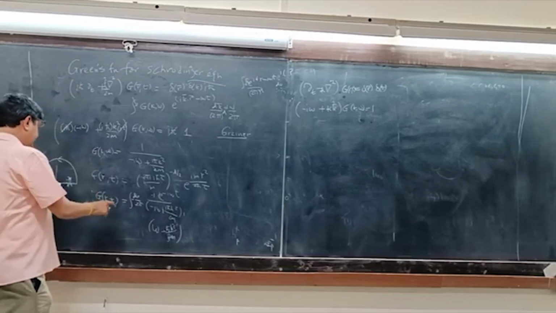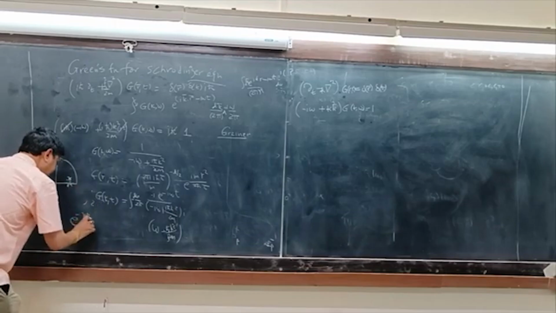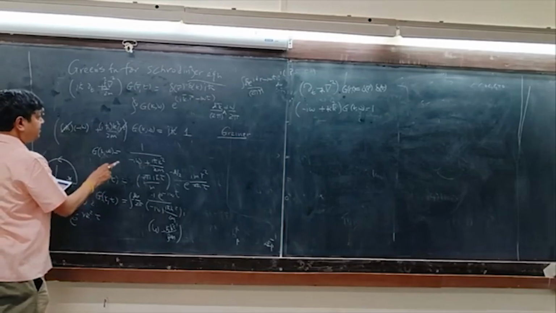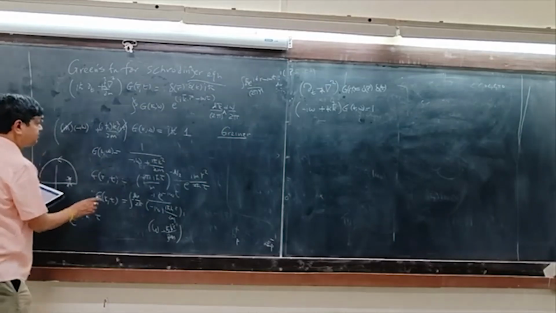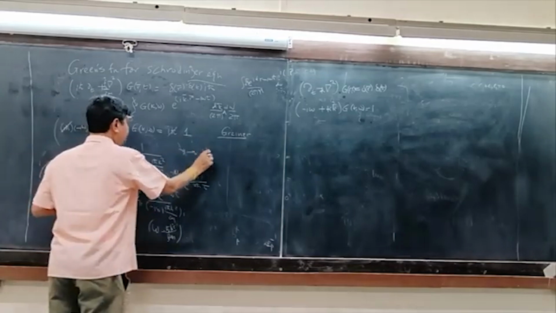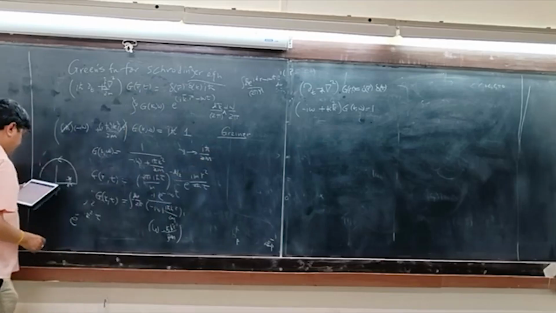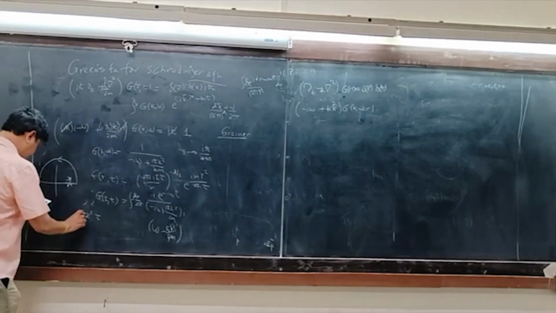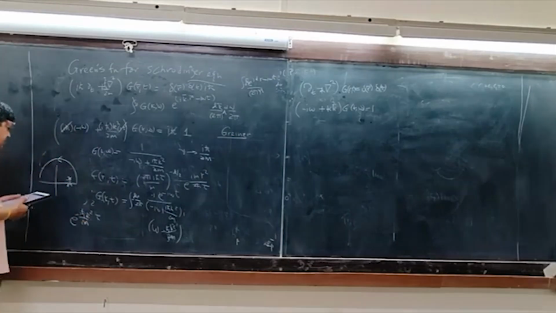The d omega integral gives me minus nu k squared tau, so nu is replaced by iħ by 2m.